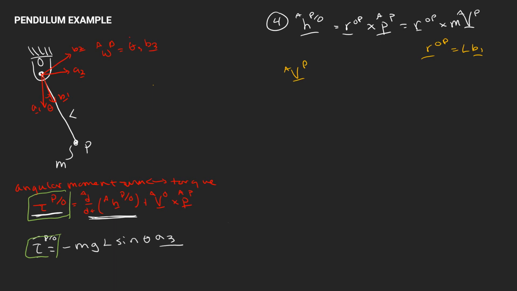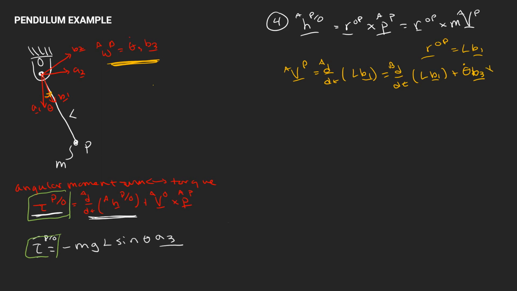So we have the derivative of L B1 in frame A, which, using the magic formula, is equal to the derivative of L B1 in frame B, which is zero, plus a positive theta dot times B3. Again, theta is positive, which is why we wrote that here.